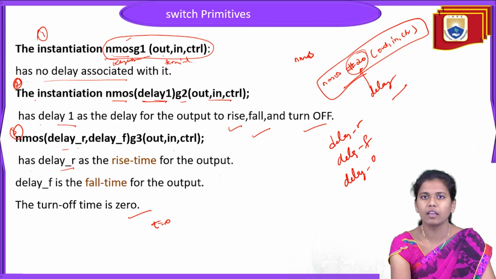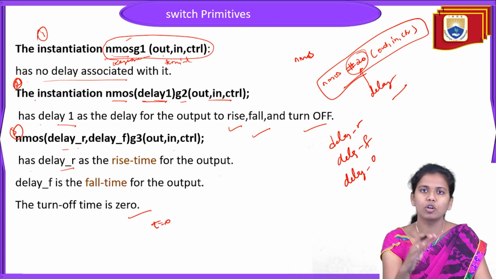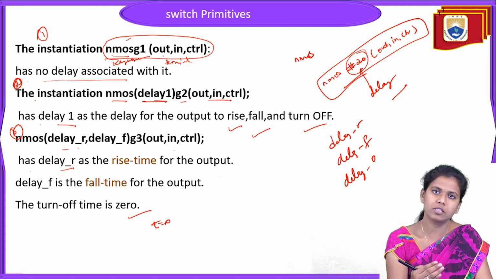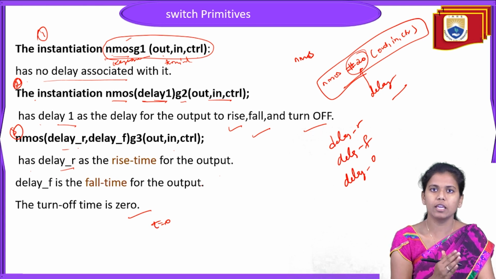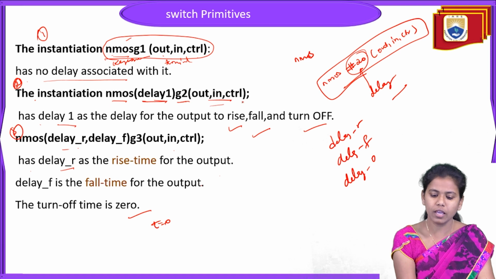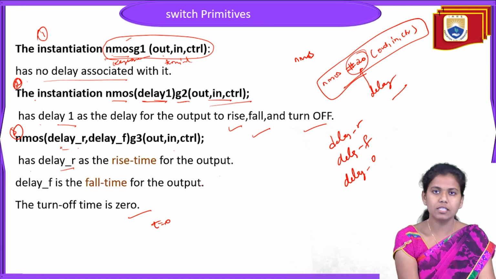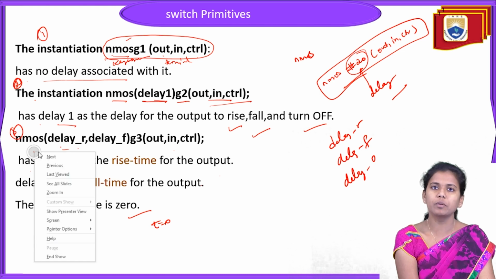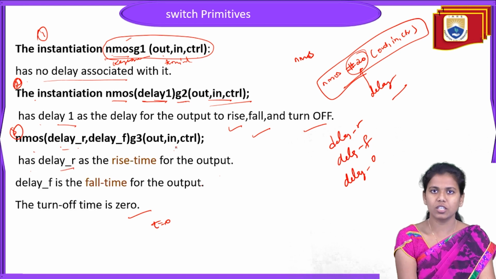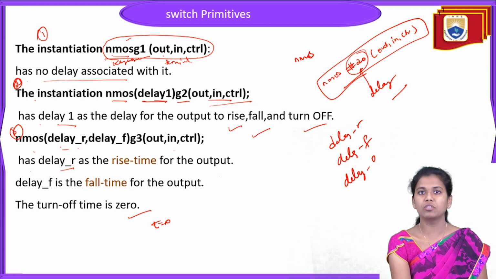If there is no delay, the simple logic is to write down the NMOS keyword followed with the terminal list. If there is 1 delay, then it goes with the NMOS keyword followed with the delay 1, then the gate that you are considering, and then the terminal list. And if you have 2 delays, it starts with the keyword, goes with both the delays, then the gate instantiation, and then the terminal list. In some cases, you may go for 3 delays as well.